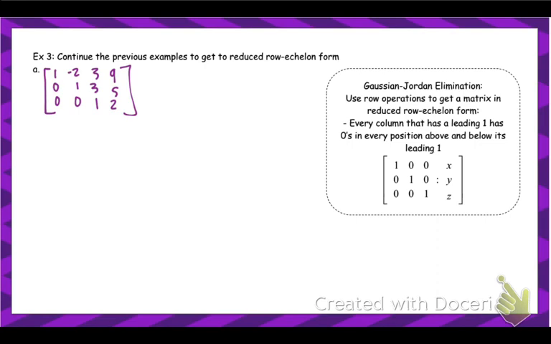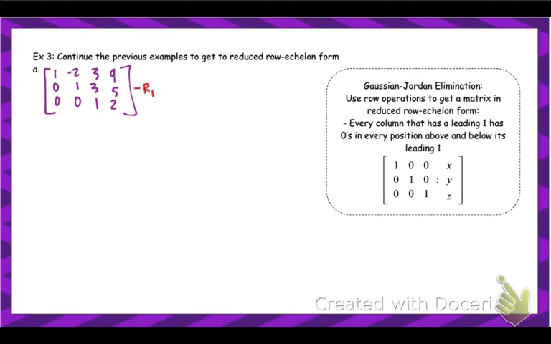Now, when it comes to your row operations here, and this is also true with your early steps with Gaussian elimination, you need to be careful which row you pick, because what you don't want to do is undo any of the work that you've already done. I'm not sure if that makes sense, but let me show you an example. One step I would not want to do here: I would not want to take the second row and subtract the first row.